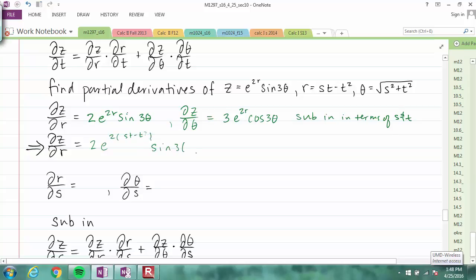Theta becomes the square root of s squared plus t squared. Man, so these look kind of bad. And then plugging in dz over d theta with respect to s and t: 3 times e to the 2 times st minus t squared times cosine of 3 root s squared plus t squared.